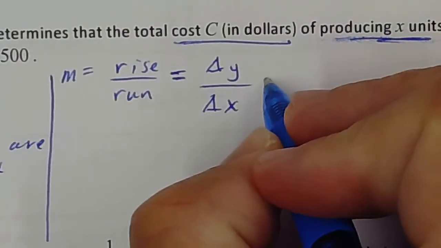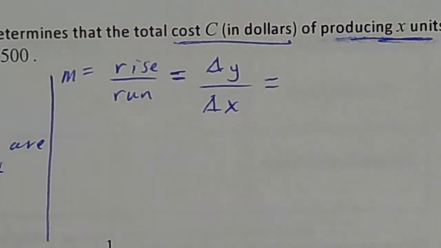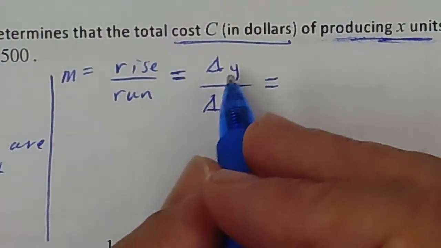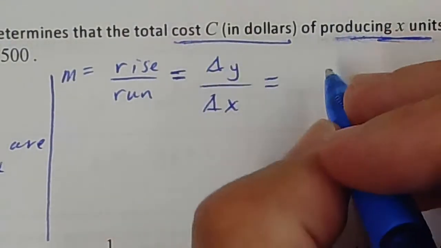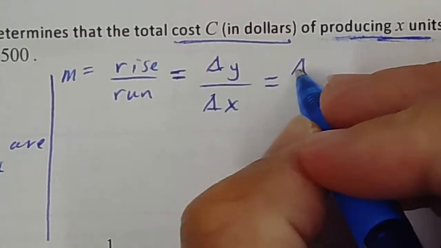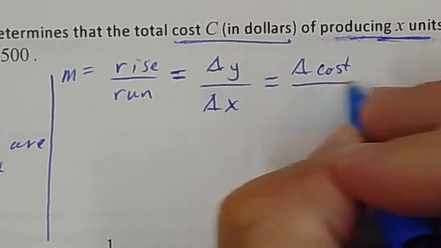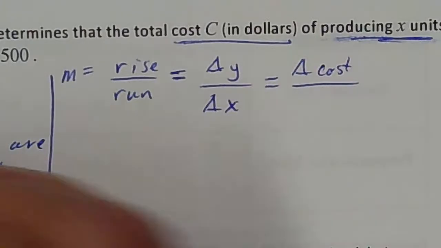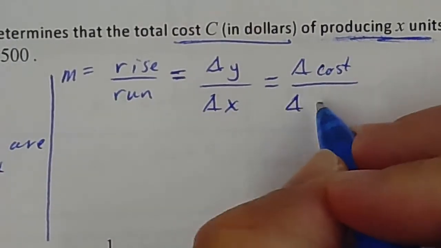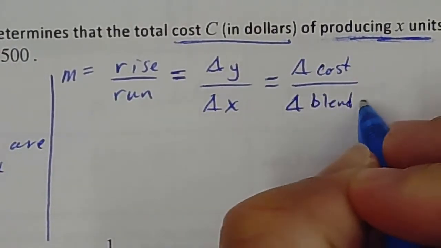Now, look through the directions and figure out what is y and what is x, because it's asking us to interpret it in context. Y is the cost, it's right above here. So this is going to be the change in cost, and the x was the number of blenders. So this is the change in blenders.